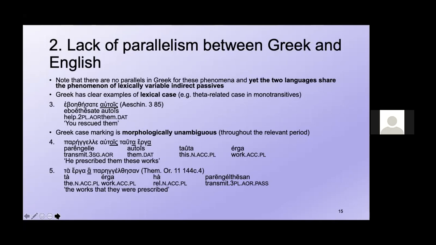And Greek case marking is morphologically unambiguous throughout the relevant period. So example 4 shows that the dative autois and the accusative erga have very different morphological realizations of their respective cases, and that the case marking is preserved in the indirect passives that we see in 5.